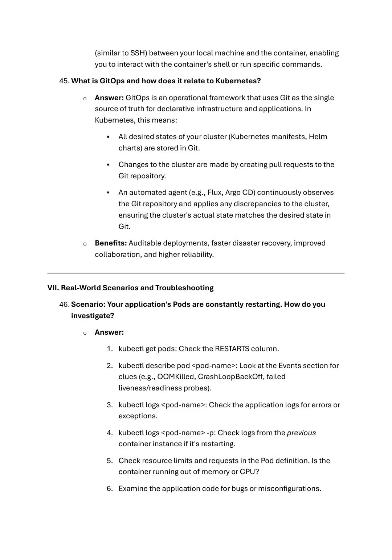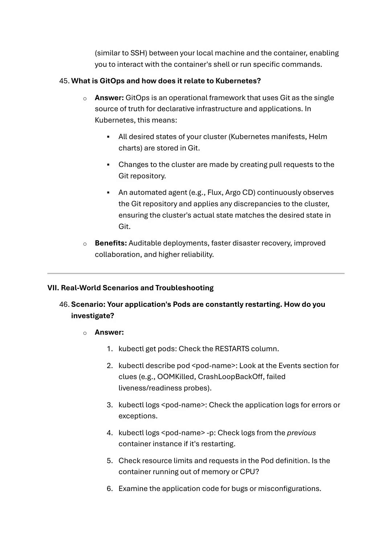45. What is GitOps, and how does it relate to Kubernetes? Answer. GitOps is an operational framework that uses Git as the single source of truth for declarative infrastructure and applications. In Kubernetes, this means all desired states of your cluster, Kubernetes manifests, Helm charts, are stored in Git. Changes to the cluster are made by creating pull requests to the Git repository.